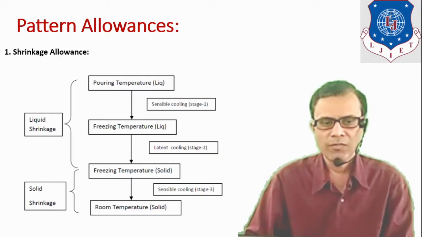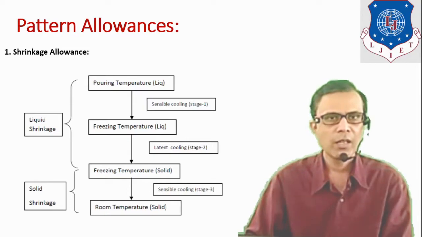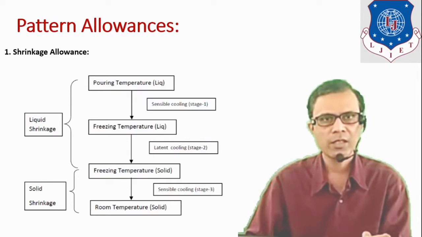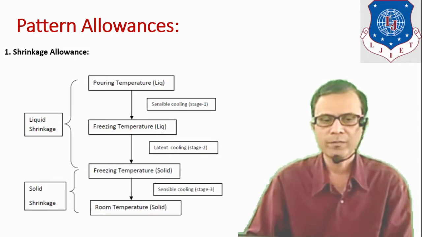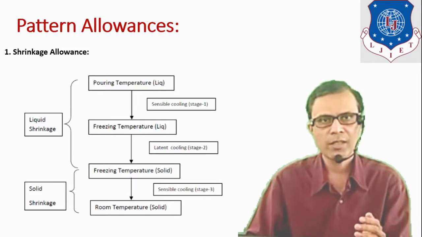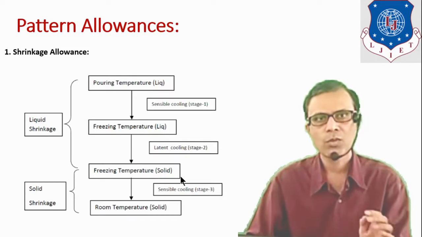Now from liquid to solid, phase transformation takes place. During this stage also it will lose some heat, so it is known as latent cooling. Phase transformation takes place during this stage. From liquid it will be converted into solid.